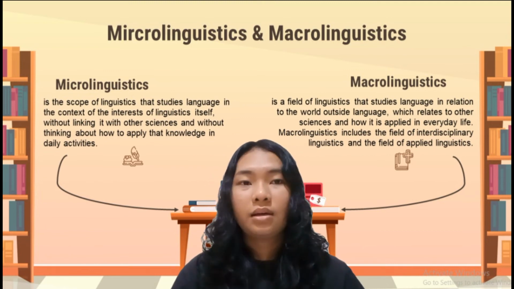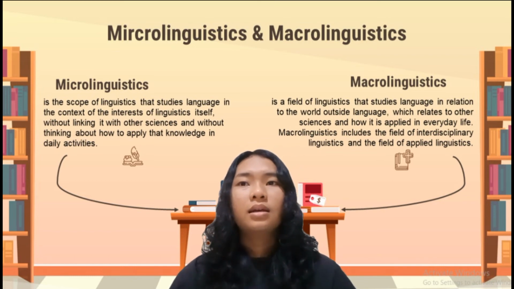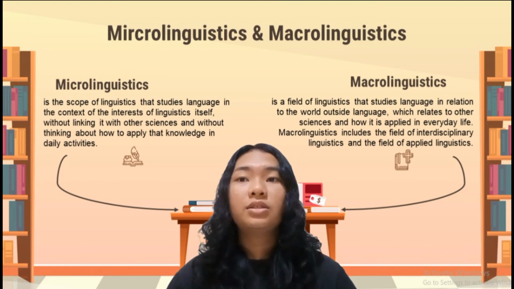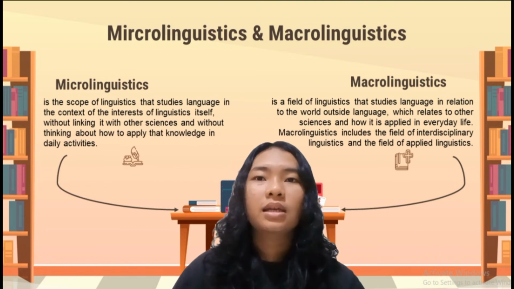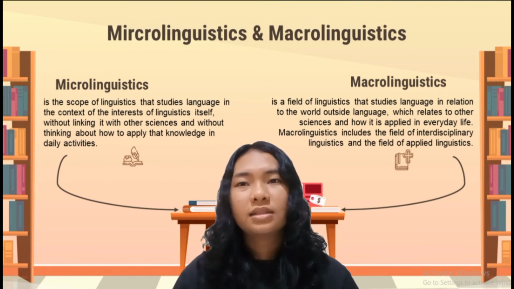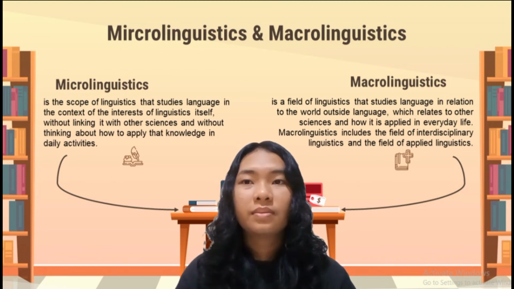Meanwhile, macrolinguistics is a field of linguistics that studies language in relation to the world outside language, which relates to other sciences and how it is applied in everyday life.